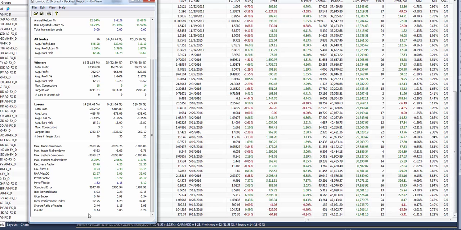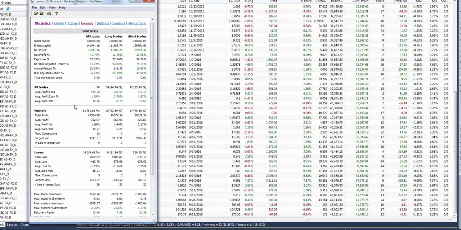And then you have the other things like the Sharpe ratio and the payoff ratio and the profit factor of 8.07 and all those other good things. And then you have percentage winners, which in this case was 81.58%. That's pretty good. Over this time period, between January 1, 2015 and September 12, 2016, it made this here.